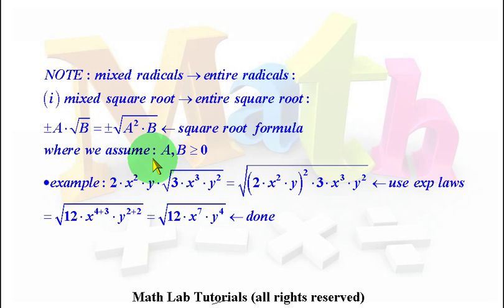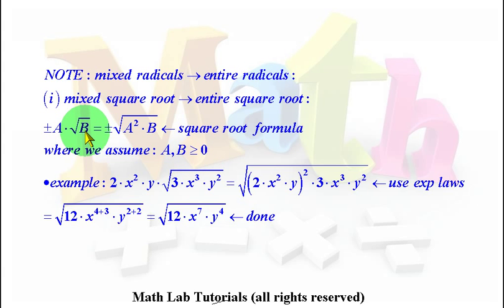Now, I absolutely need a to be greater than or equal to 0, because the idea is to bring the a inside the radical. And if the a is negative, for example, -2, I cannot bring it inside the radical. So I'm going to impose the restrictions that a has to be greater than or equal to 0, and b, being the argument of the square root, has to be greater than or equal to 0.